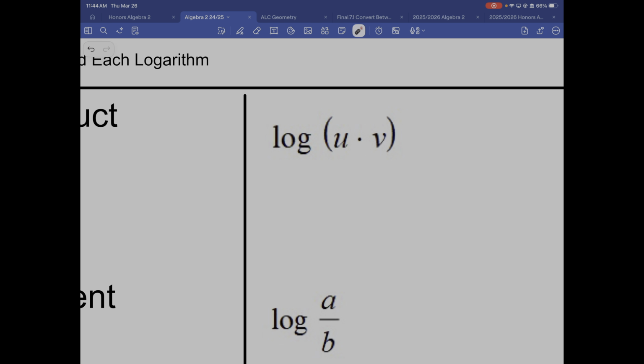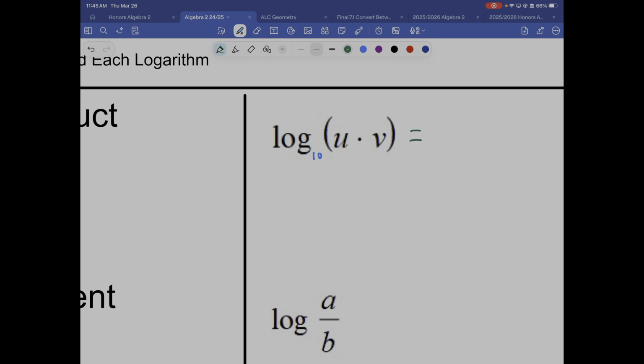So if I want to take this log and write it in expanded form, this is considered to be a single log. There's only one thing. It's just log of uv. That log, there's nothing there, so remember that has a base of 10. So my base of this one is 10. That's a single log. We want to write it in expanded form.